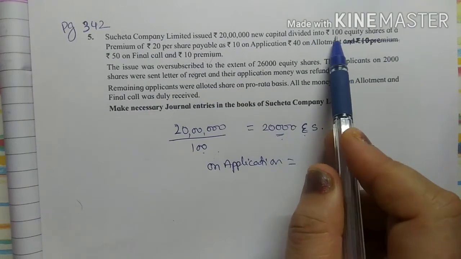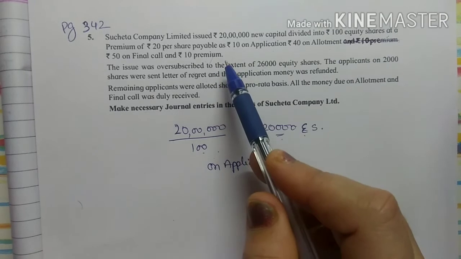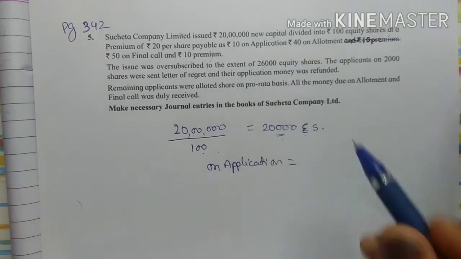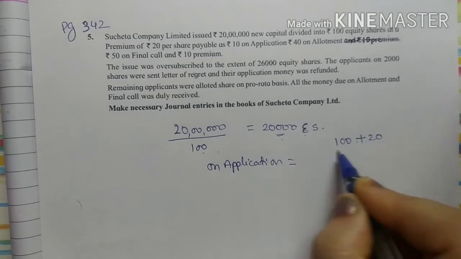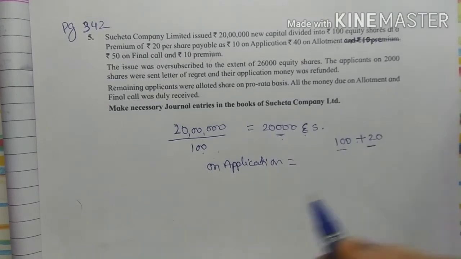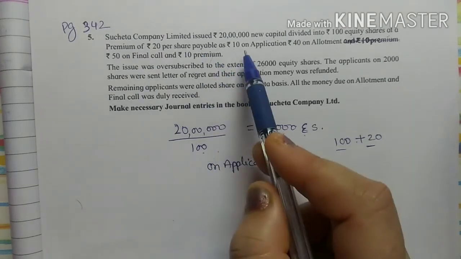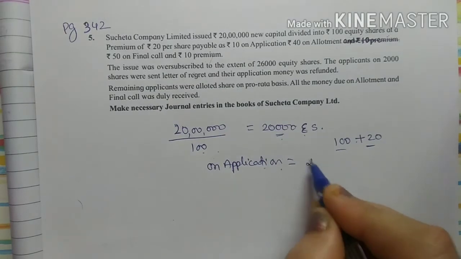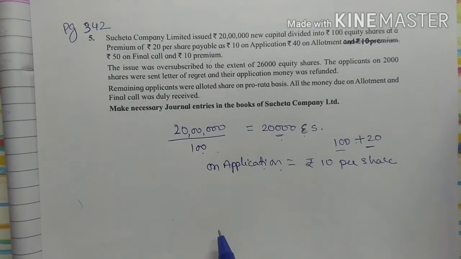Now they have divided this 100 equity shares at a premium of rupees 20 per share. So 100 rupees is the share value plus 20 rupees is the premium, right? So on application, when the public has applied for shares, they asked them to pay rupees 10 per share, right? Then the second stage is allotment.